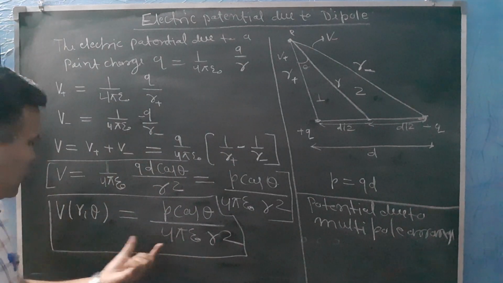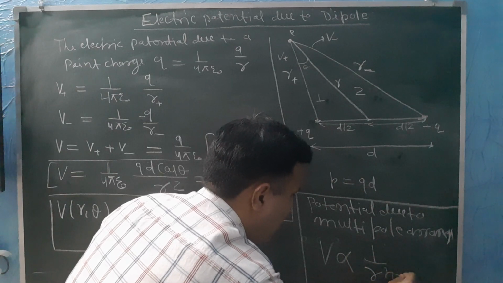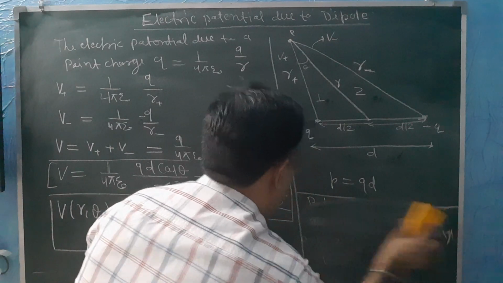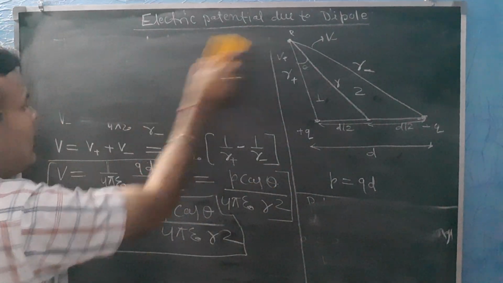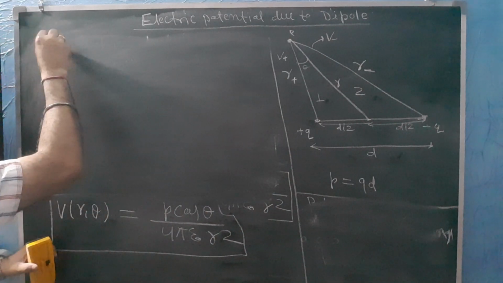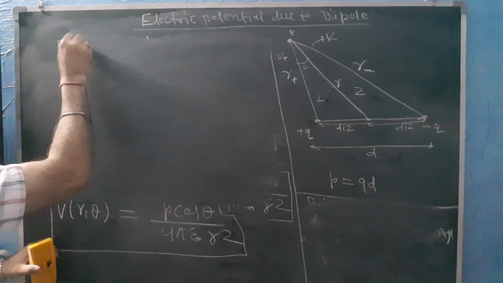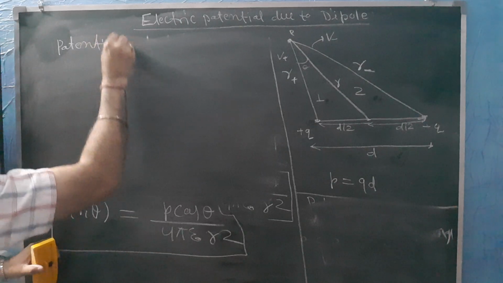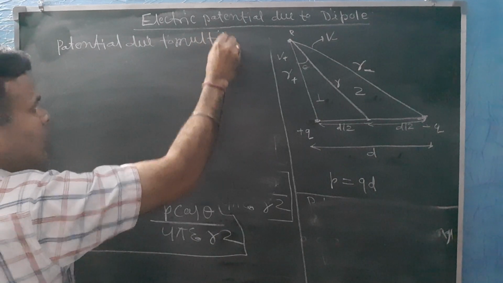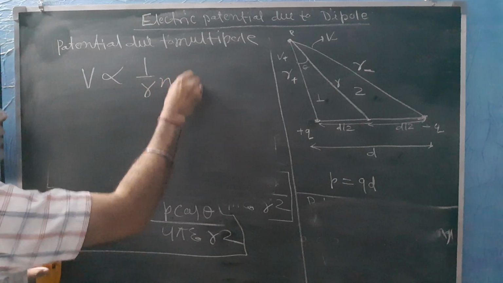So if we talk about the proportionality, the potential due to a multipole arrangement is proportional to 1 over r power n plus 1.